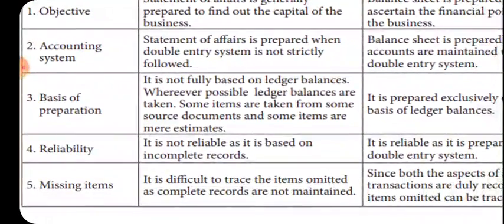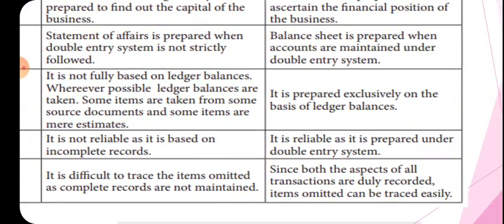Then basis of preparation. The statement of affairs is not fully based on ledger balances. Wherever possible, ledger balances are taken. Some items are taken from source documents and some items are mere estimates. But the balance sheet is prepared exclusively on the basis of ledger balances.